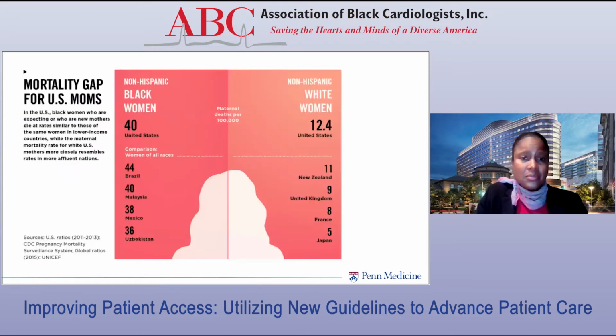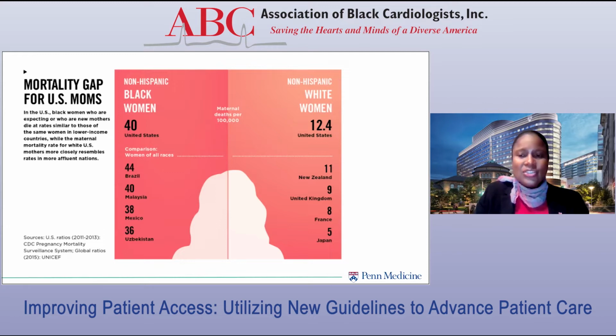When we look at the mortality gap, if you look at the top left, you can see that Black women not only have a higher mortality rate compared to white women on the right, but these mortality rates are also similar to those of lower income countries. It's almost as if they might be living in a totally different country compared to white women, who have lower rates comparable to those of the most affluent countries.